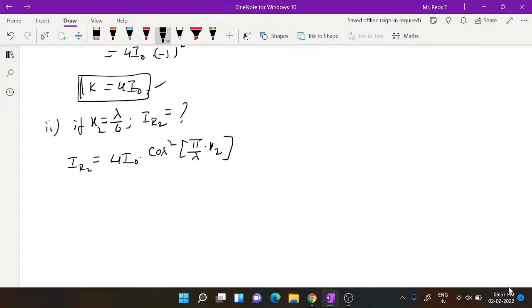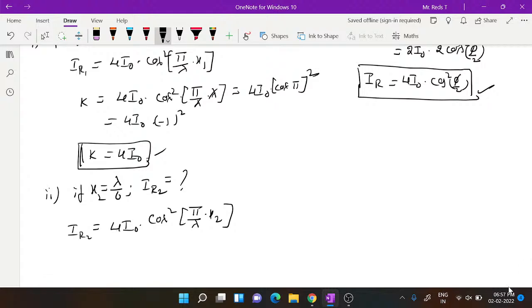Let us say this is equal to, in a single line we'll do here as much space is there. So it is equal to 4I0 into cos square of this angle, which can be expressed as cos of the angle whole square: cos of pi by lambda into x, where x is lambda by 6, whole square, right? Now lambda gets cancelled.